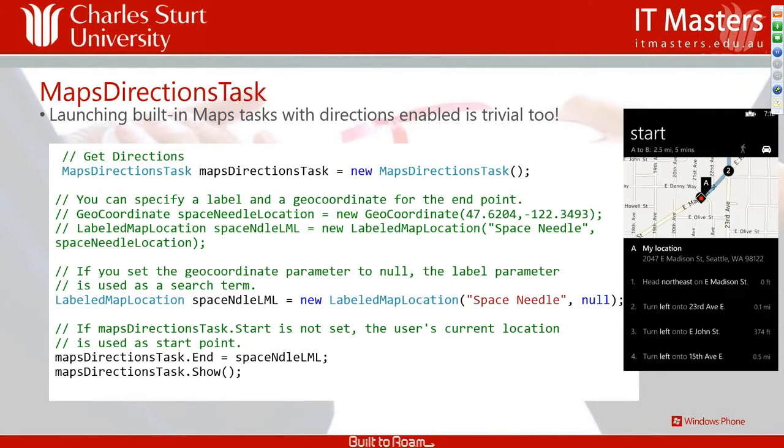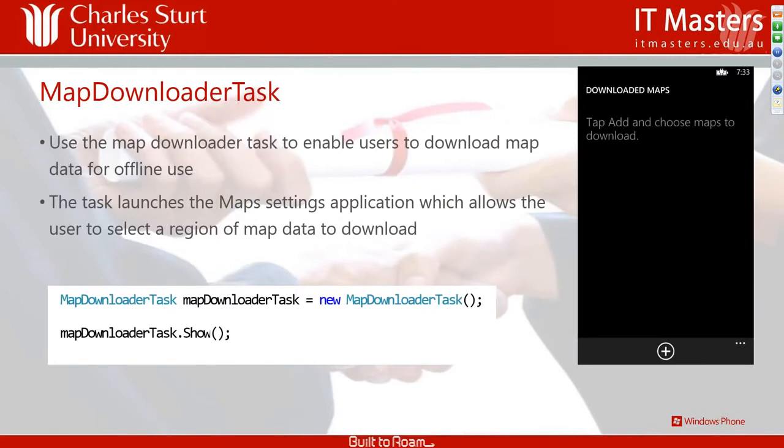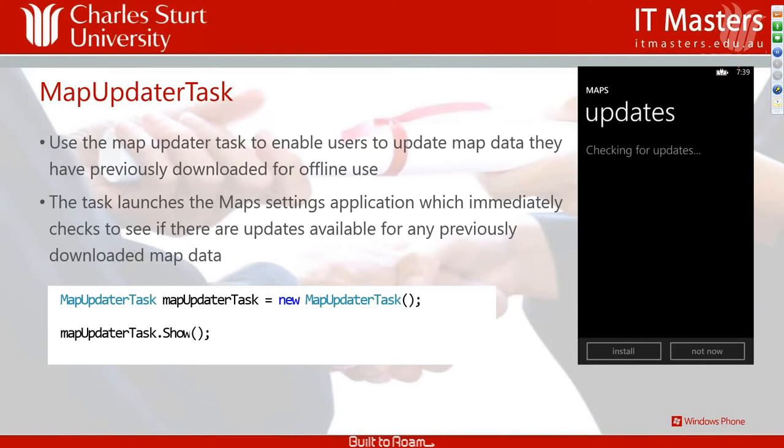The built-in mapping experience will go off and determine those directions and wire those into the UI itself. We've got the map downloader task, which is what I was referring to before, where we can prompt the user to download specific maps for a region. And then, of course, we do also have the ability to update those maps. Periodically you might want to prompt the user to say, we think you haven't updated your maps in a certain period of time.